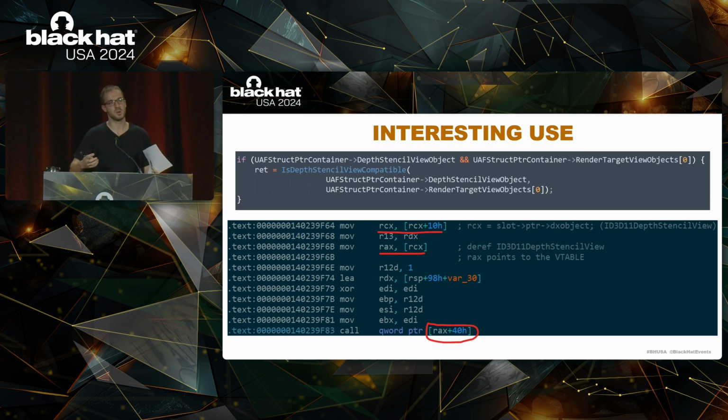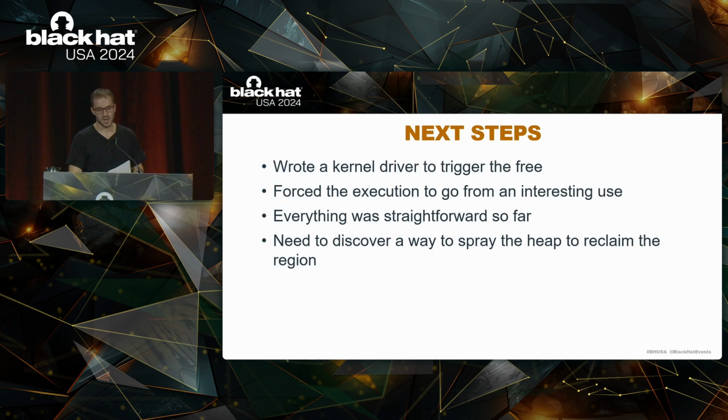Since it is a C++ object, dereferencing it again will take the vtable. At that point, I knew that if I somehow managed to reclaim that heap chunk and force VMX to go through that specific part, I would be able to jump to an address of my choice.